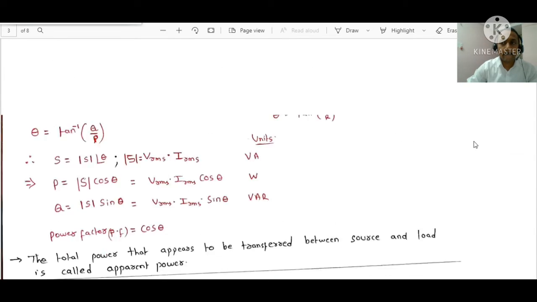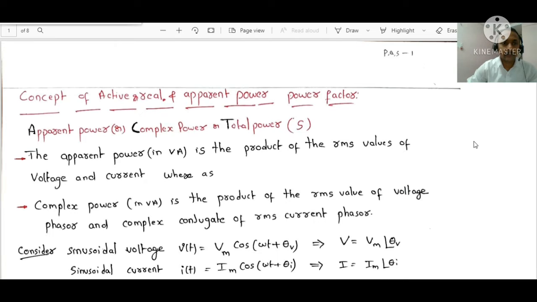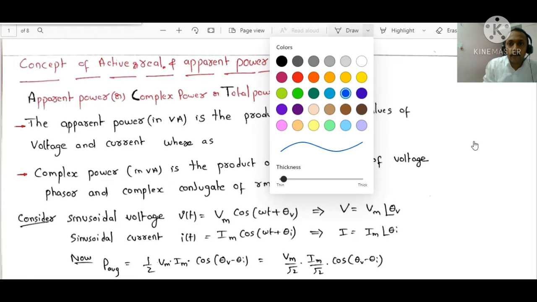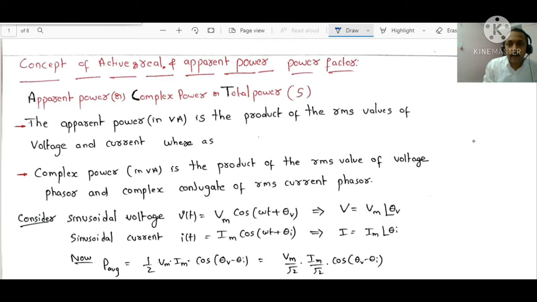Now coming to the apparent power, which is in volt ampere, it is nothing but the product of RMS values of voltage and current. Very, very important.